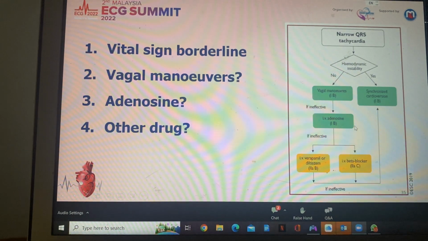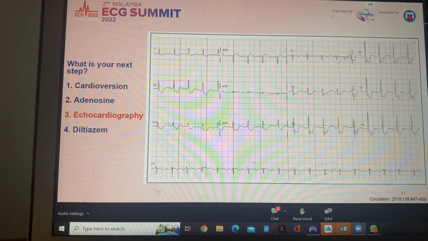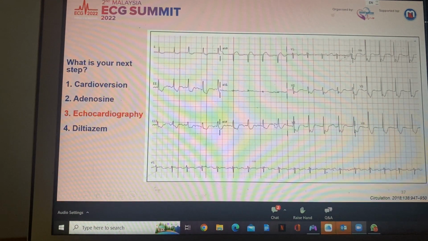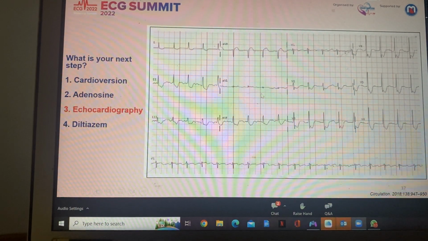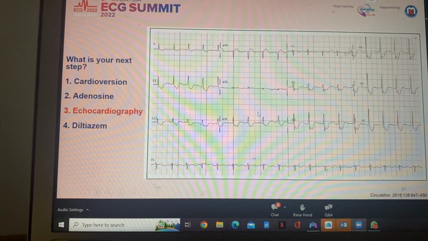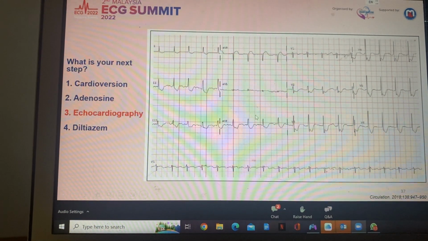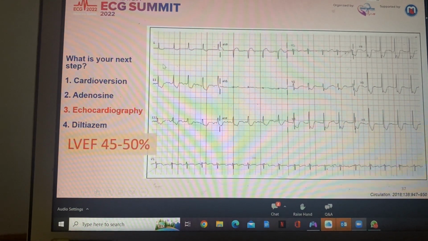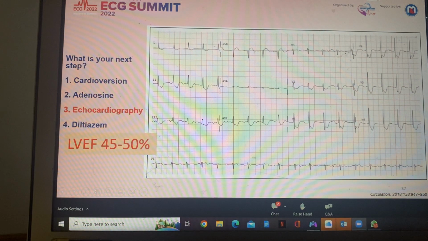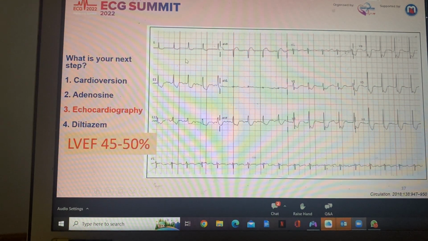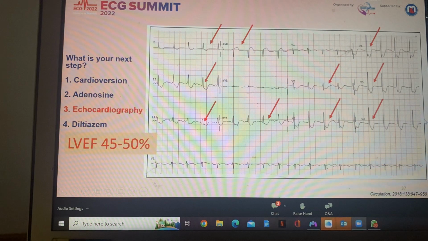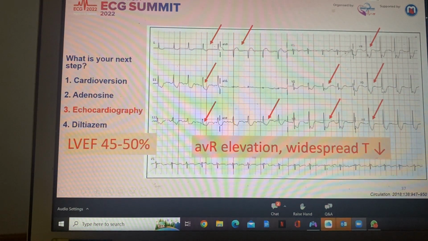All right, so looking at the ECG again, because this one I actually took from Circulation. The ECG challenge: the authors decided to do echocardiography because they saw very widespread ST depression. You can notice that, and the heart rate is about 100. Echo showed about 45 to 50, and very widespread ST depressions, and the aVR is also elevated.